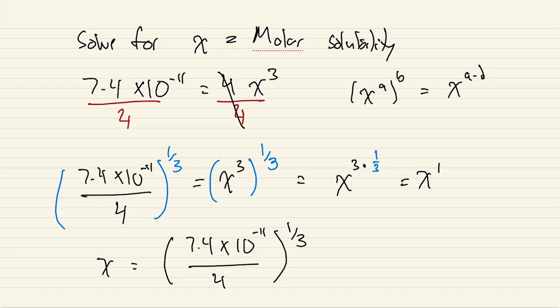We plug that in. It's already a small number, so when you cube root it, that exponent should get larger, or less negative. So we clear, and enter 7.4 divided by 4 times 10 to the negative 11, in parentheses, exponent, parentheses 1 divided by 3.